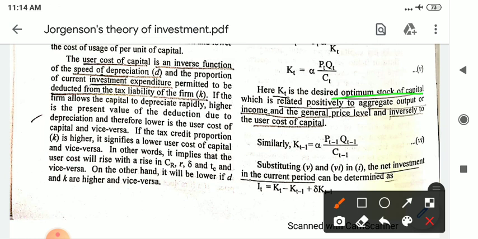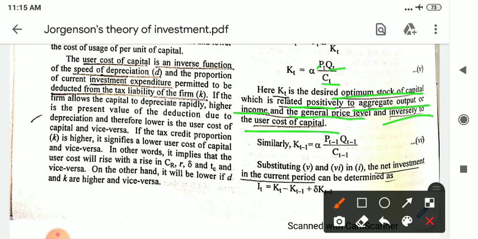Now this K_t has a positive relation with aggregate output or income, which is Q_t, because Q_t is in the numerator. Similarly, K_t has a positive relation with the general price level, P_t, which is also in the numerator. But K_t has an inverse relation with the user cost of capital, because C_t is in the denominator.